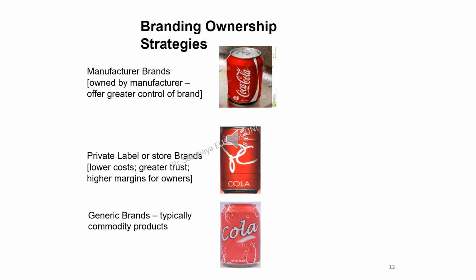And the third is the generic brands. So generic brands are actually, we can call them unbranded products because there is very little marketing or packaging associated with those products.